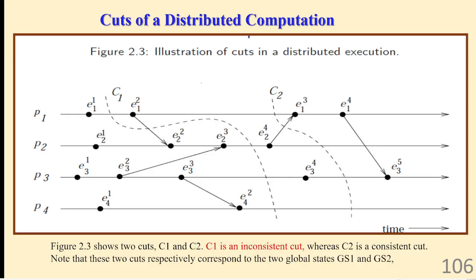Now, these are past events and future events. We have two conditions: we can call a cut consistent or inconsistent. How can we say a cut is inconsistent or consistent? I have told you this example: you wish your friend happy birthday, and the friend replies with thank you. First, what happens there?